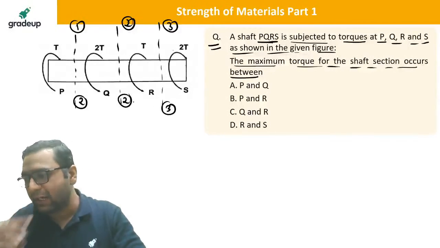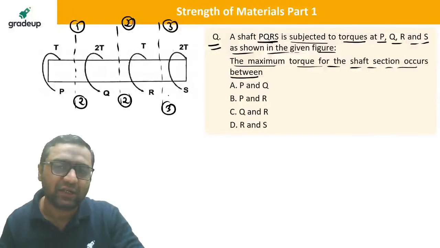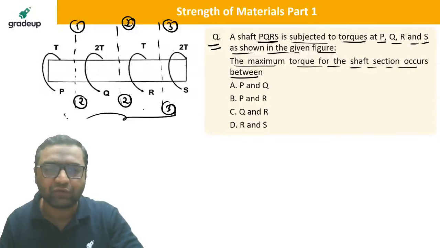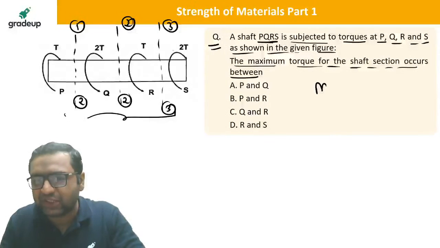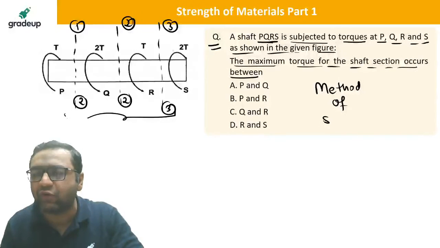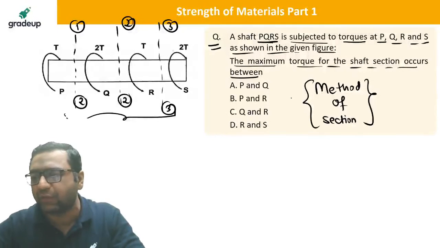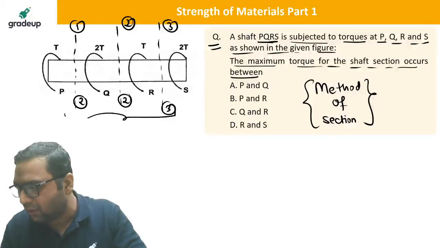So you need to find out the torque in various sections and answer the maximum torque out of them. So guys, apply the method of section and answer it. Don't worry, if you do not know the concept, then I am going to give you the concept also. You will not be able to solve only this question, but similar questions of any type.